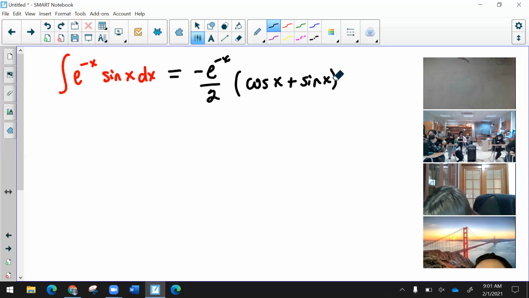So let's not erase it. Pick a different color if you wish. So write the integral down, the original, equal to. So we did your first dV, right? So it's equal to u times v, minus the integral of v du.